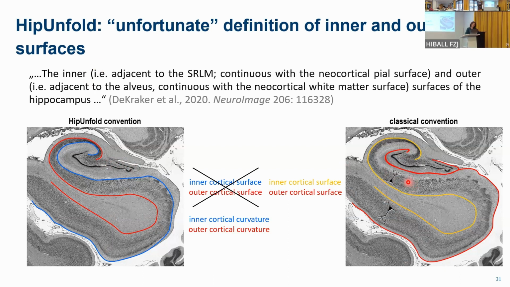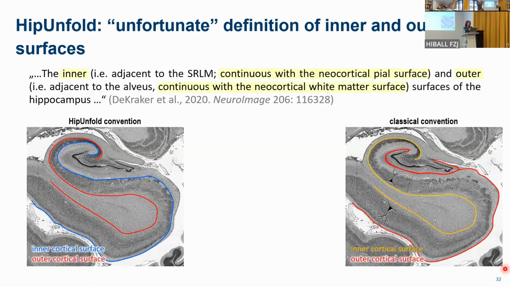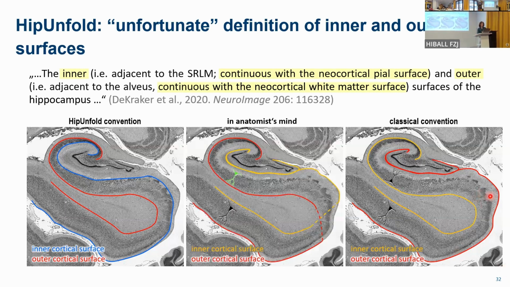So in this view here, I have made two little neurons, okay? We've got the neuron with the cell body, with its basal dendrites and with its apical dendrites. This is the way that neurons are located in the brain, okay? Now the problem is, if we read what's written here, that the inner contour of the hippocampus is continuous with the neocortical pial surface, and that the outer contour of the hippocampus is continuous with the neocortical white matter surface, what the anatomist sees is not this here.